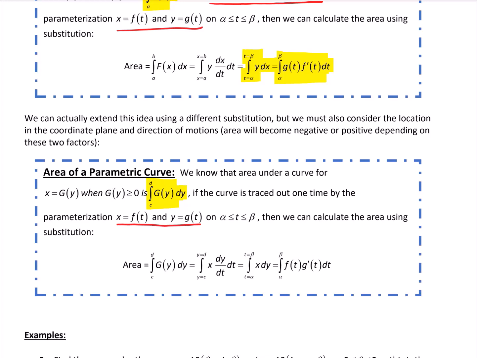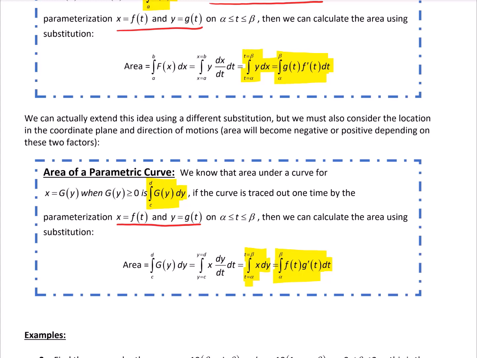We can say the same thing. Check that out. Through substitution, that's going to give me x dy, or the integral from alpha to beta of f of t times g prime of t dt. So we're literally putting together two different concepts here, substitution and what we already know about area.